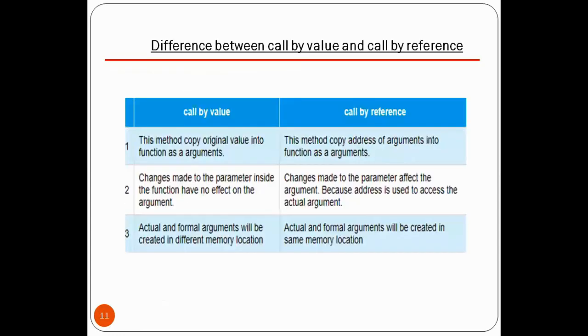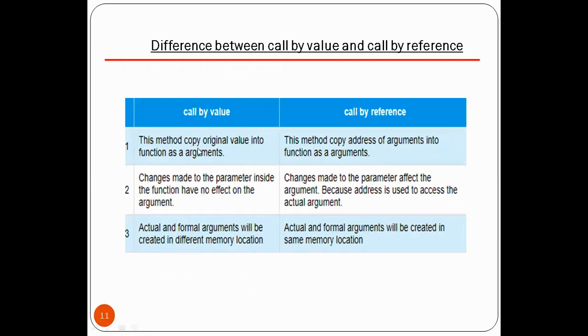So coming towards the difference between call by value and call by reference. Call by value: this method copies the original value into the function as an argument, right? First we read it, then I'll give the same examples to recall call by value and call by reference.